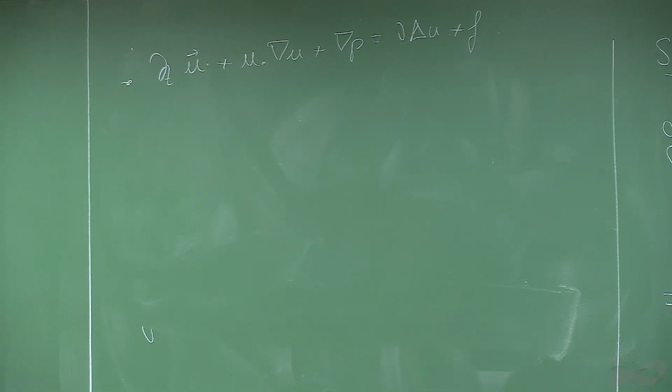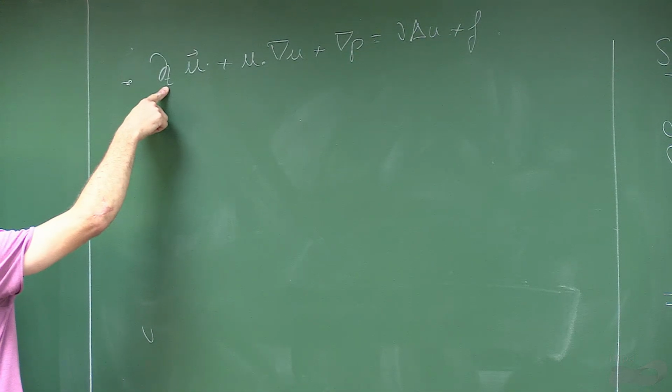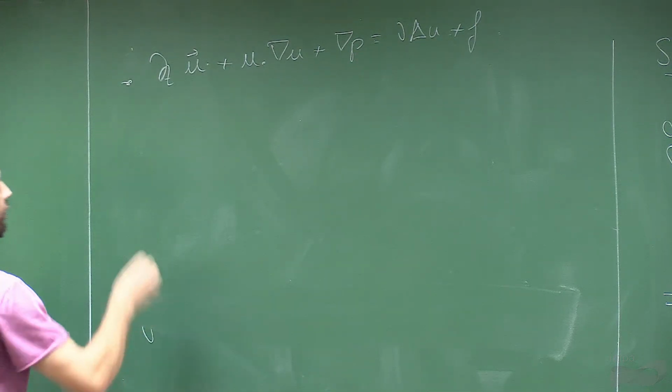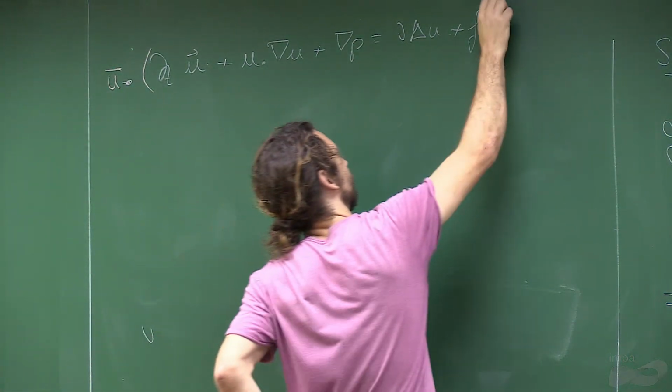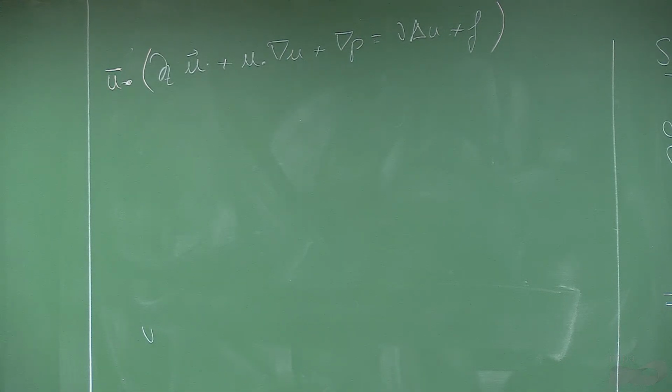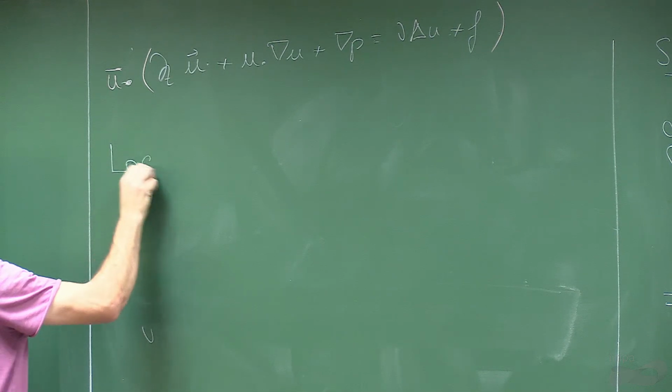And the way you can see it is just by taking the scalar dot product of this with this. And what you get is an equation which is a local energy budget.